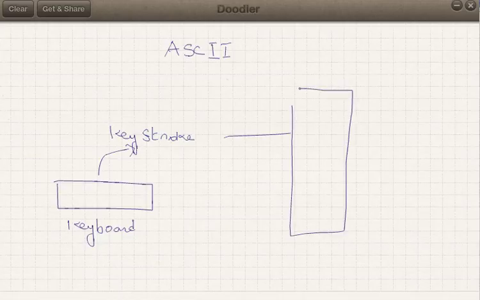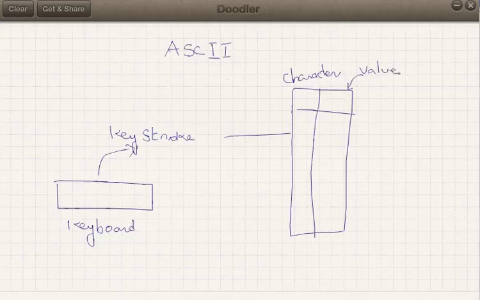There's a mapping, and this is the character that you type, and there is a value associated with that.